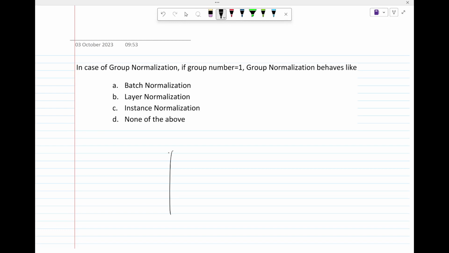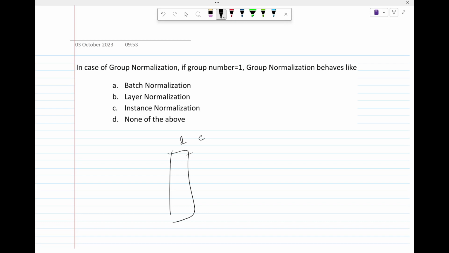So if you are at a certain layer L, and there are some C channels, you're normalizing across a certain group.